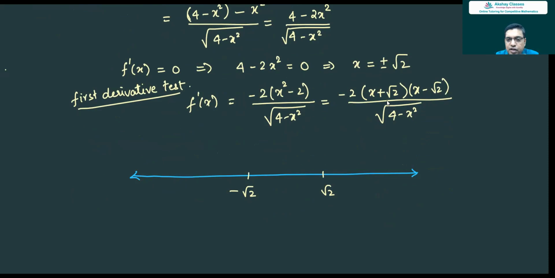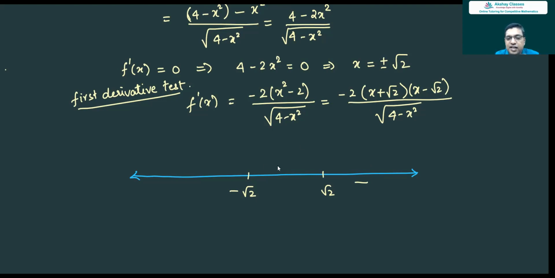Just mark only those values which are the roots of f dash equal to 0. Now, when I go to the extreme right, the product should be positive, because the coefficients of x in both factors are positive here. However, it has a negative sign. So although these two factors will both be positive, multiplied with the negative sign, the f dash value will be negative.